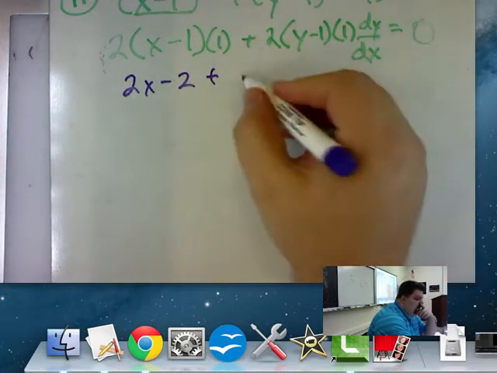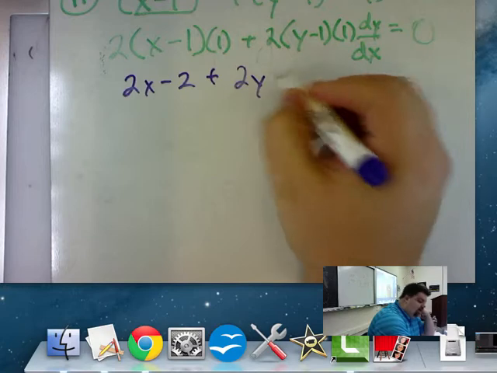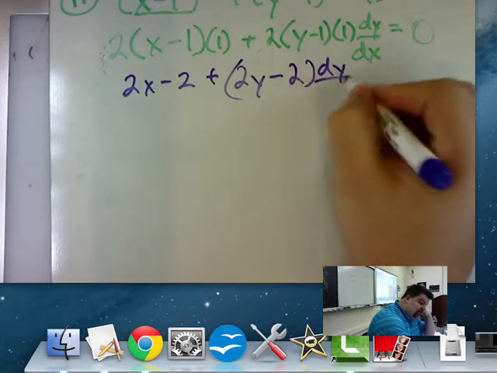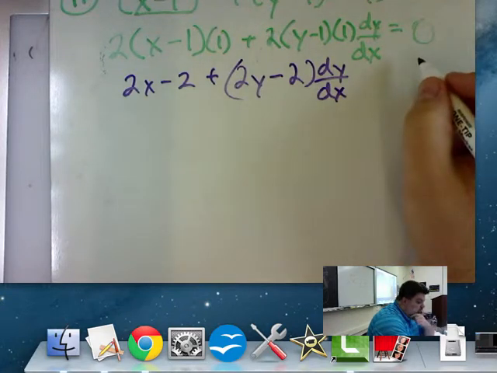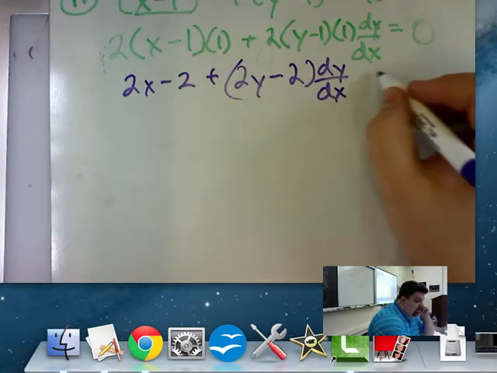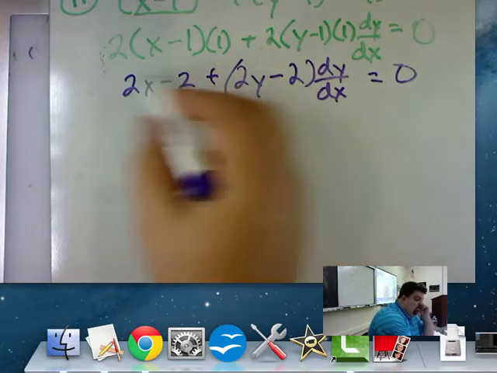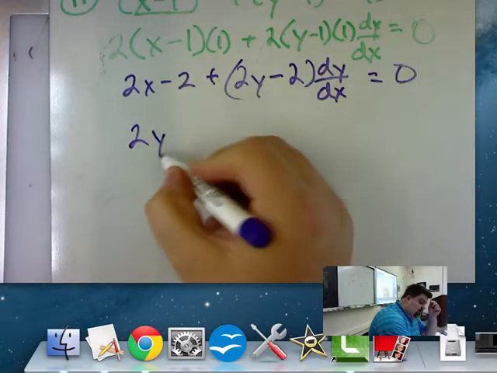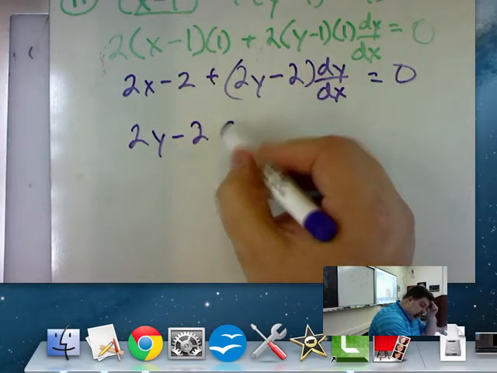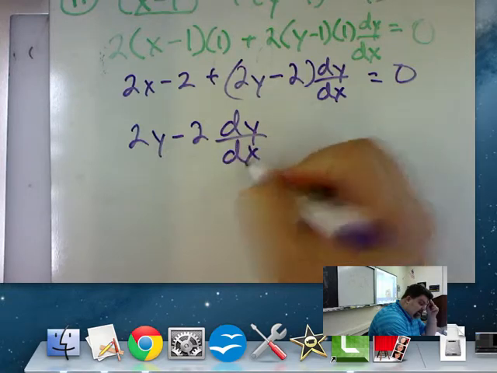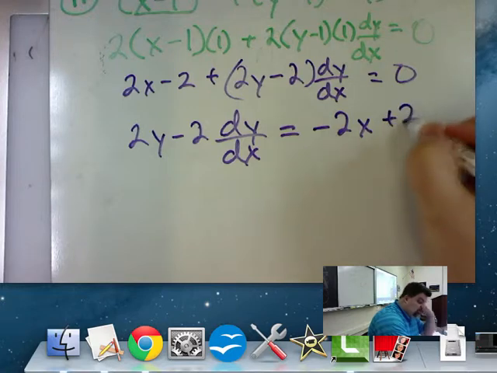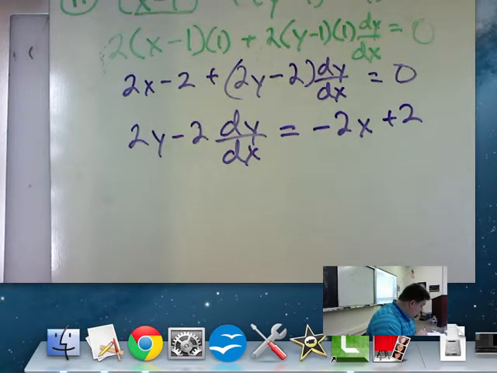So I'm just going to do this 2y minus 2 and leave the dy/dx out here, which I can do because I have to factor it out anyway, and that's equal to 0. Now if I subtract the stuff from both sides, I get (2y minus 2) dy/dx is equal to the negative of those, minus 2x plus 2, because I'm tossing both to the other side of the equal sign.